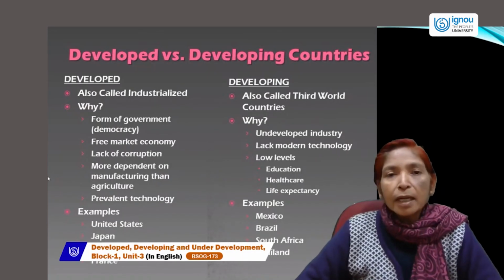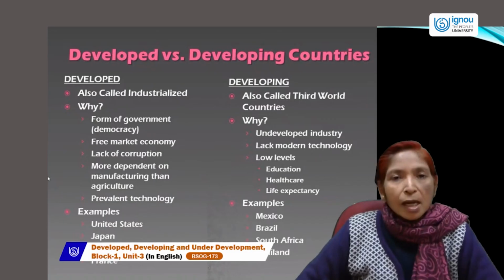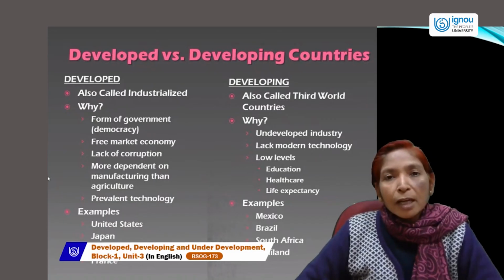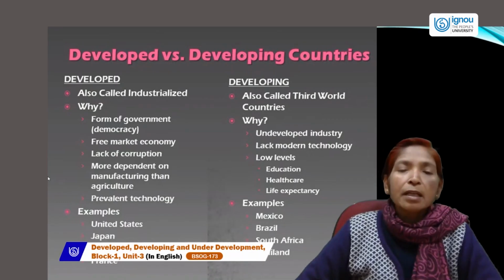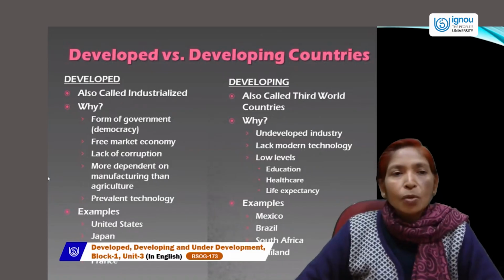For example, in India life expectancy is about 65 years. And in developed countries life expectancy is much higher, about 80 or 90 years is the average age in those countries that are well developed.